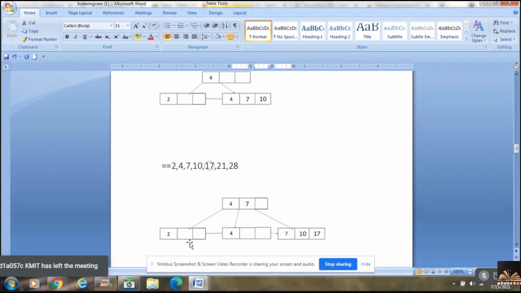Now see, 2 is less than 4, so it is towards the left. Here I am only having 4, because 4 is greater than or equal to 4.